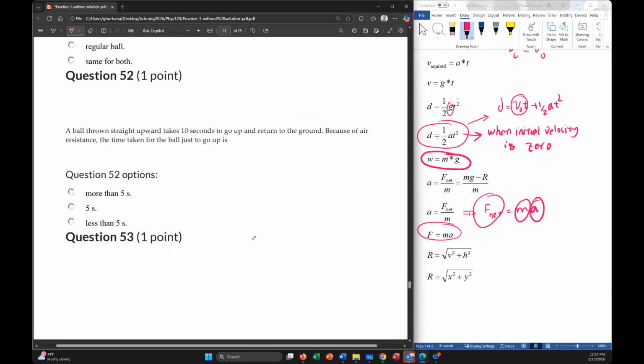Okay, 52. A ball thrown upward takes 10 seconds to go up and return to the ground because of air resistance. Again, here it is telling air resistance. The time taken for the ball to go up is more than 5 seconds, less than 5, or equal to what?